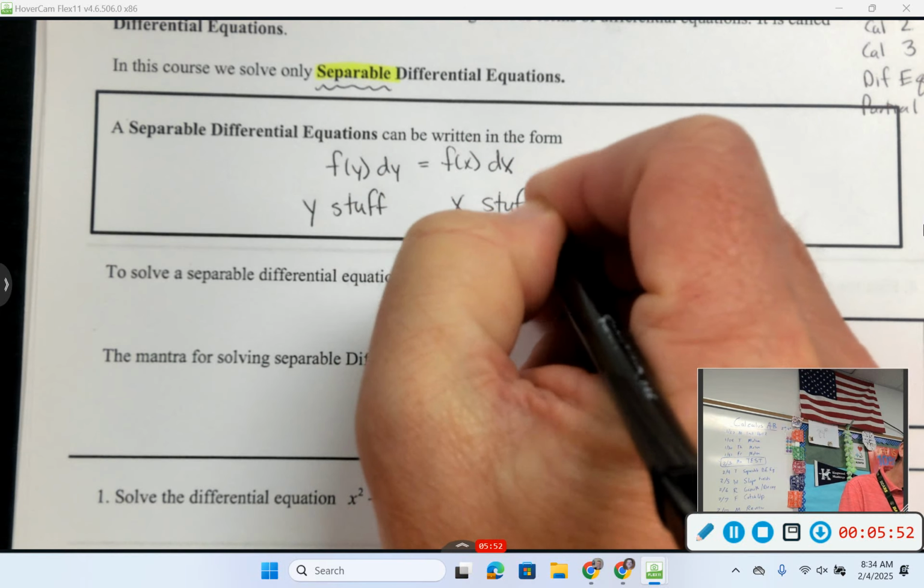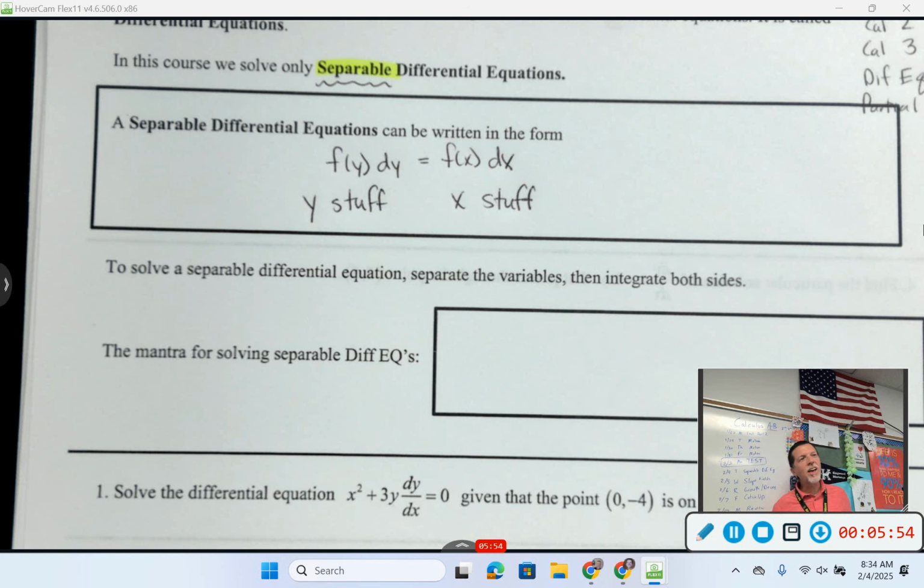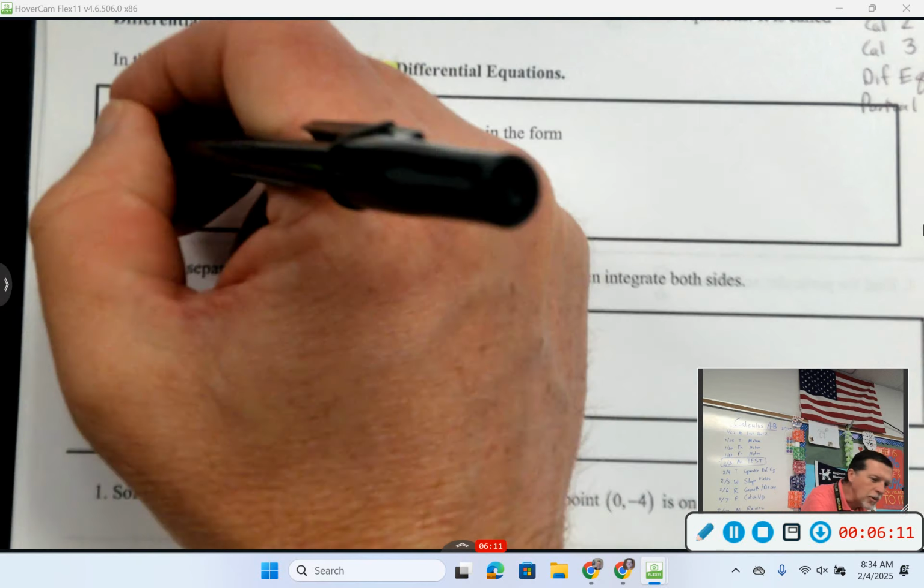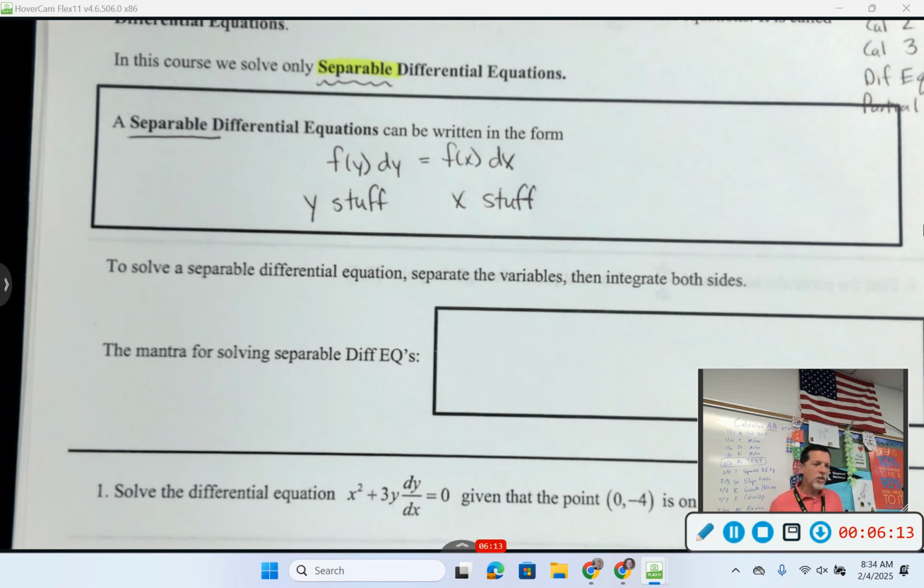Very informally, you get your y stuff on one side and your x stuff on the other side. That's the algebra part of the problem. That's why we did that warm-up at the very beginning. You put all the y stuff on one side, all the other stuff on the other side. That's the first step of solving a separable differential equation.